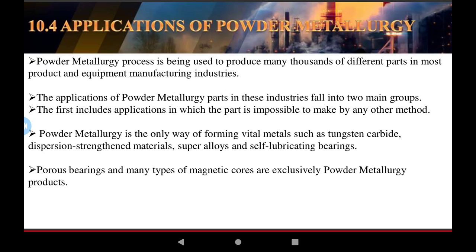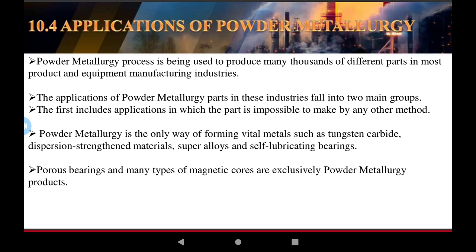Powder metallurgy is the only way of forming refractory metals such as tungsten carbide, and dispersion-strengthened materials, and self-lubricating bearings, in which the material holds liquid lubricating oils as required for the bearings.